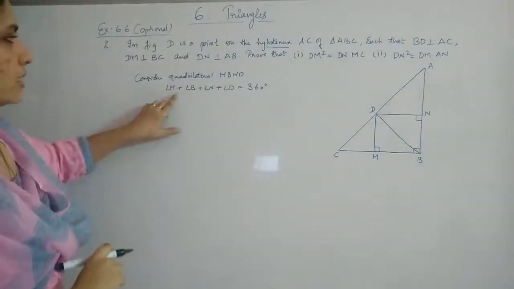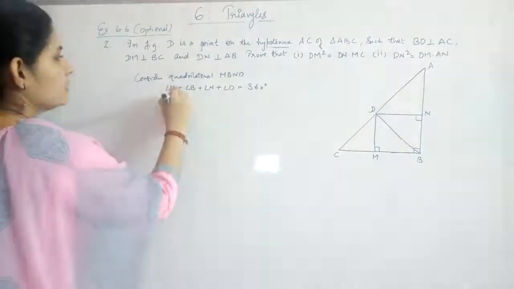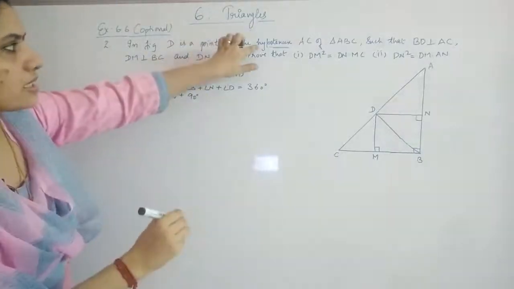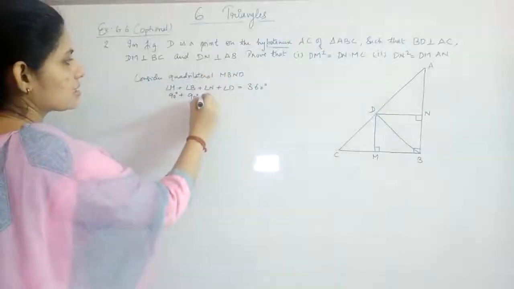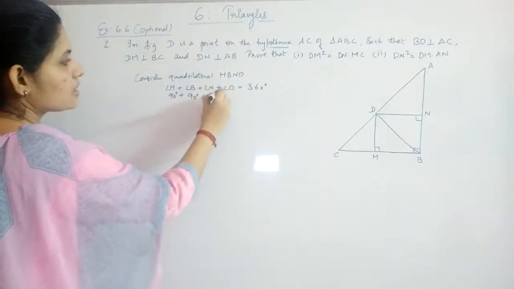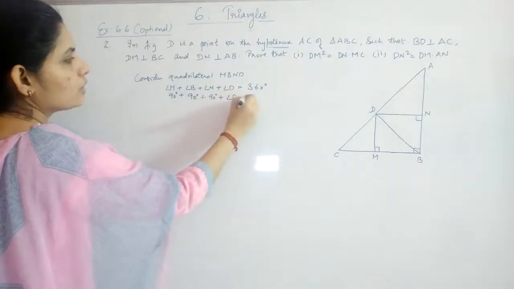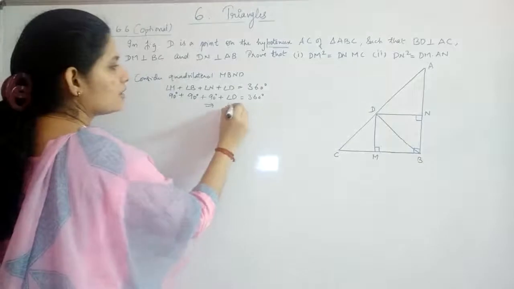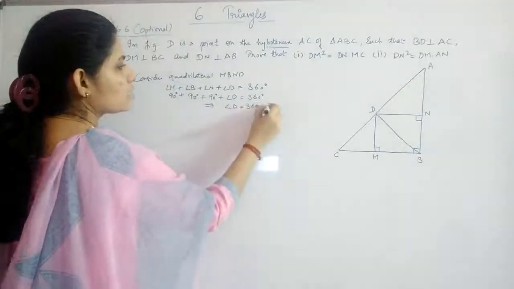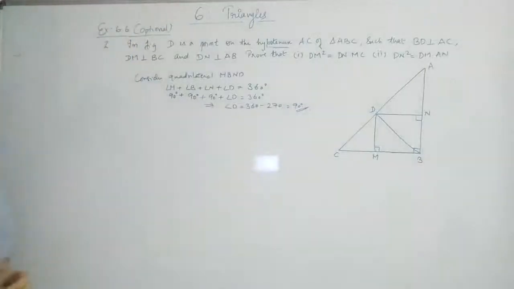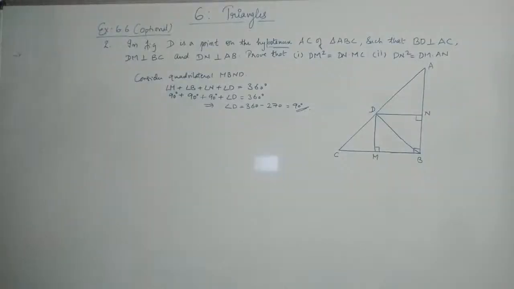Now, which all we know is angle M is 90 given, angle B is 90. It is from the question that it is hypotenuse. D is acting as a point on the hypotenuse. Then N is given to be 90, and D we don't know, that we are just writing. But from this concept, what you will get is angle D is equal to 360 minus 270, which is again 90 degree. That means all the four angles you are getting to be 90 degree in that quadrilateral.